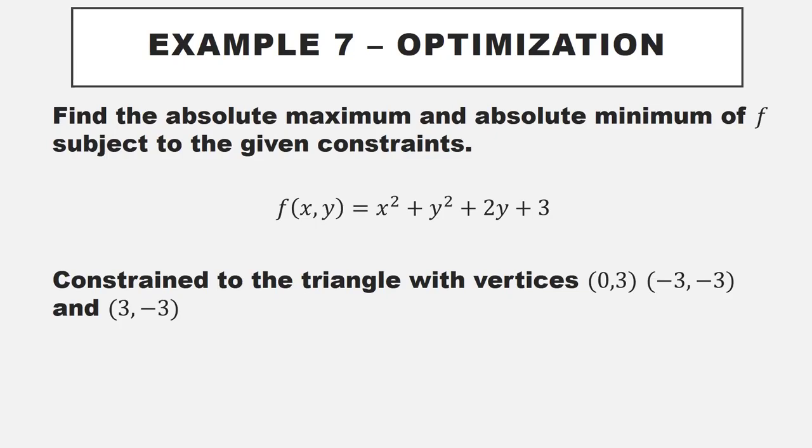So we're going to find the absolute maximum and the absolute minimum subject to the fact that our points have to be within this triangle. Could be on the edges too. So let's take a look at how we would do that.